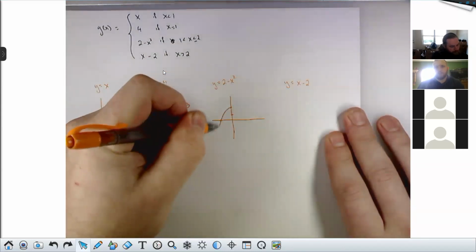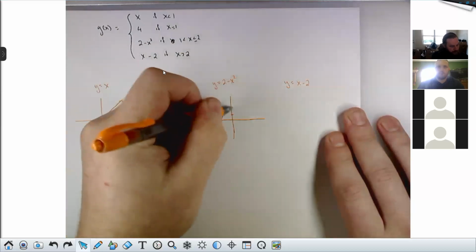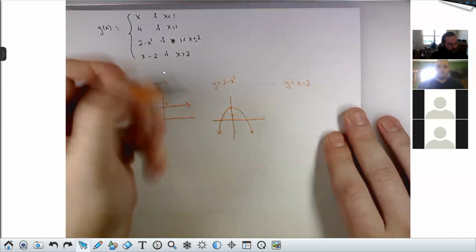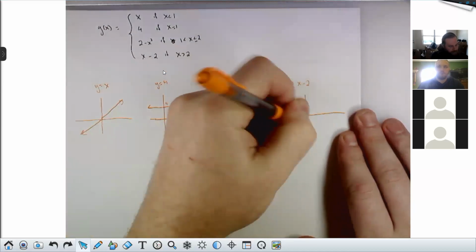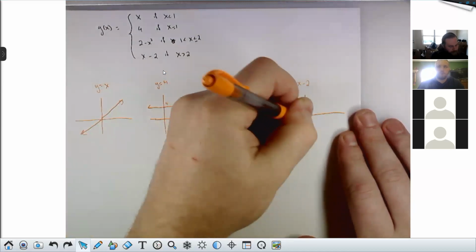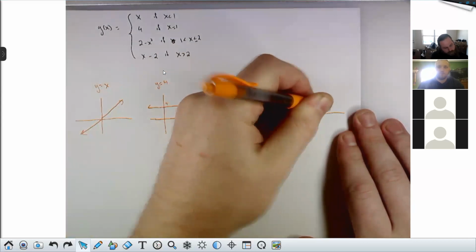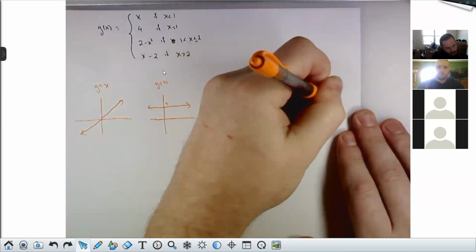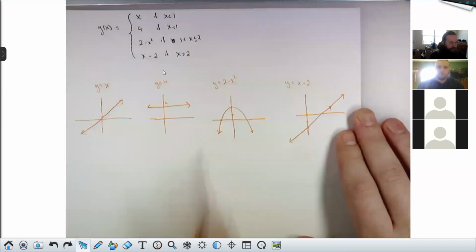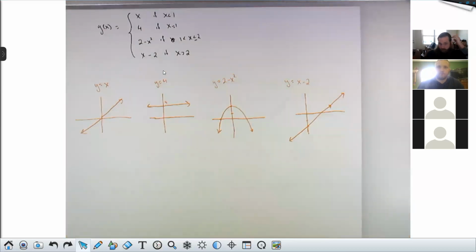And he looks like this. And then x minus 2, this is a line with slope 1, y-intercept -2. So he looks like this. I should probably let him continue over here a little bit. So these are the 4 graphs that I'm going to have to stitch together to make the graph of g of x.